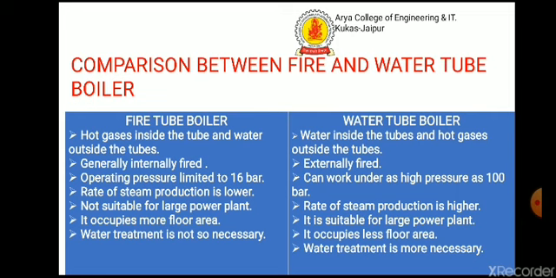In fire tube boiler, water circulation is very poor and in water tube boiler water circulation is better. In fire tube boiler the thermal efficiency is low, otherwise in water tube boiler the thermal efficiency is high. In fire tube boiler operating cost is low, otherwise in water tube boiler operating cost is high.